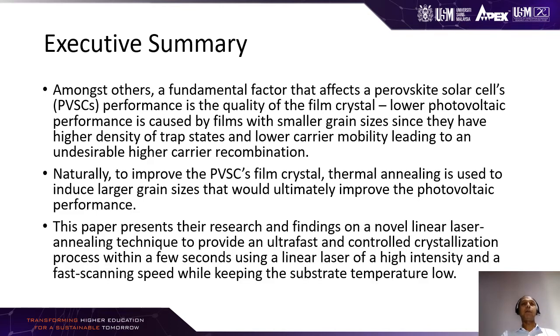Now, this paper presents their research and findings on a novel linear laser annealing technique to provide an ultra-fast controlled crystallization process within a few seconds, using a linear laser of high intensity and fast scanning speed while keeping the substrate temperature as low as the ambient temperature.